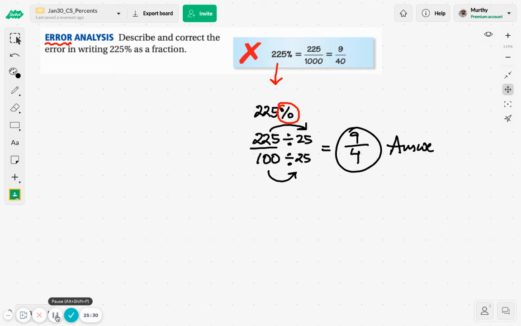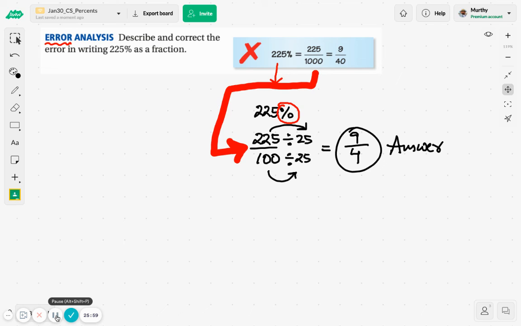Then I check step by step. Is 225 matching with the given? Oh, there the mistake is. I see that in my computation 100 is the denominator, but in the given problem 1000 is the denominator. That's the mistake.